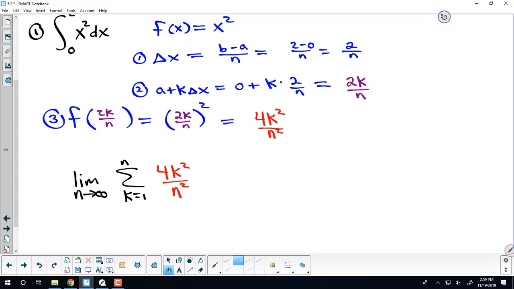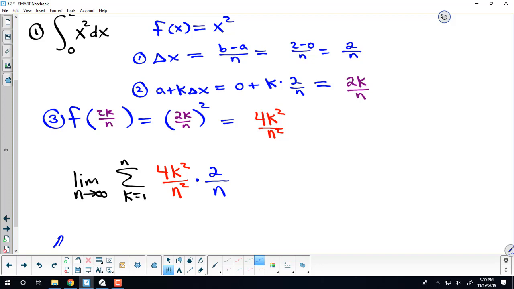So that's f of x star, and then we have to multiply by our delta x. Everybody all right with where we're at? Again, the limit only operates on things that involve n. The sum only involves the variable k.